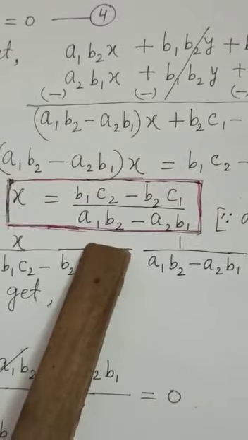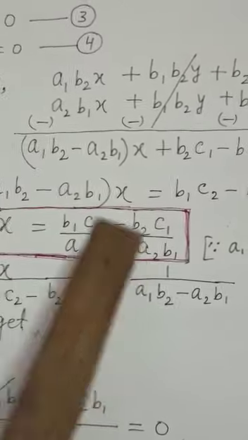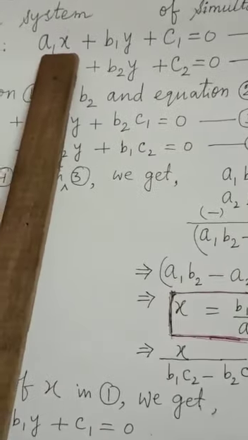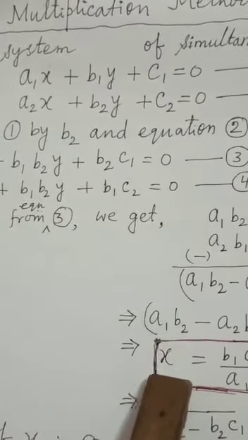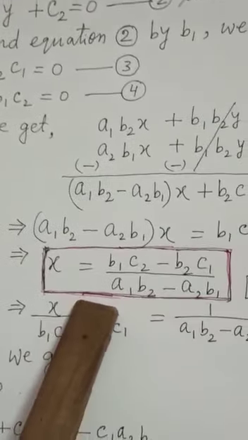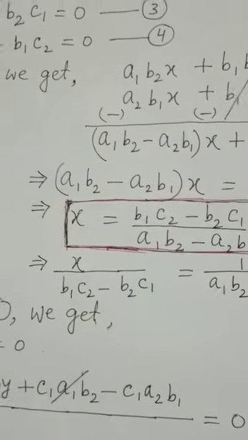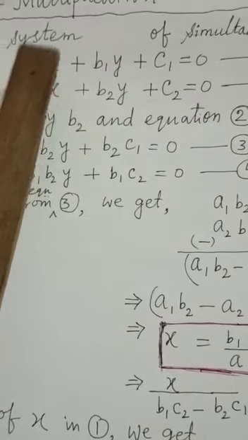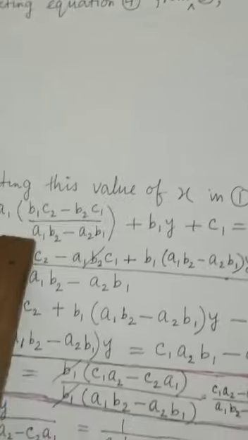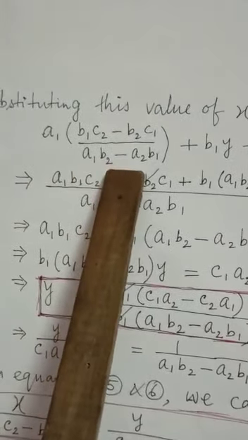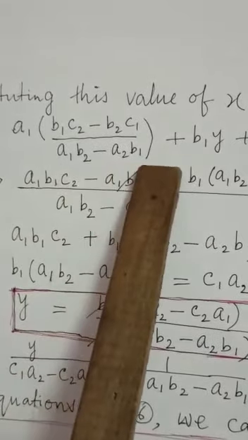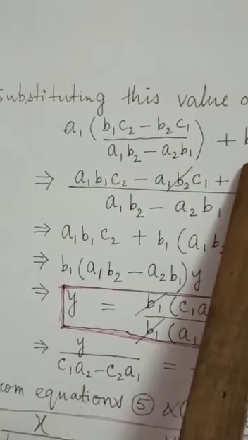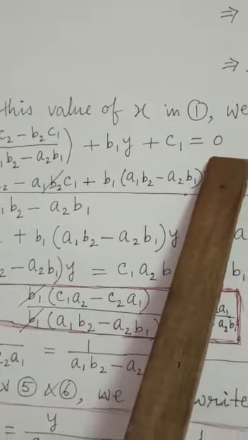Now substituting this value of x in equation 1, because we have to find the value of y, we get a1 into, in brackets, b1 c2 minus b2 c1 upon a1 b2 minus a2 b1, plus b1 y plus c1 is equal to 0.